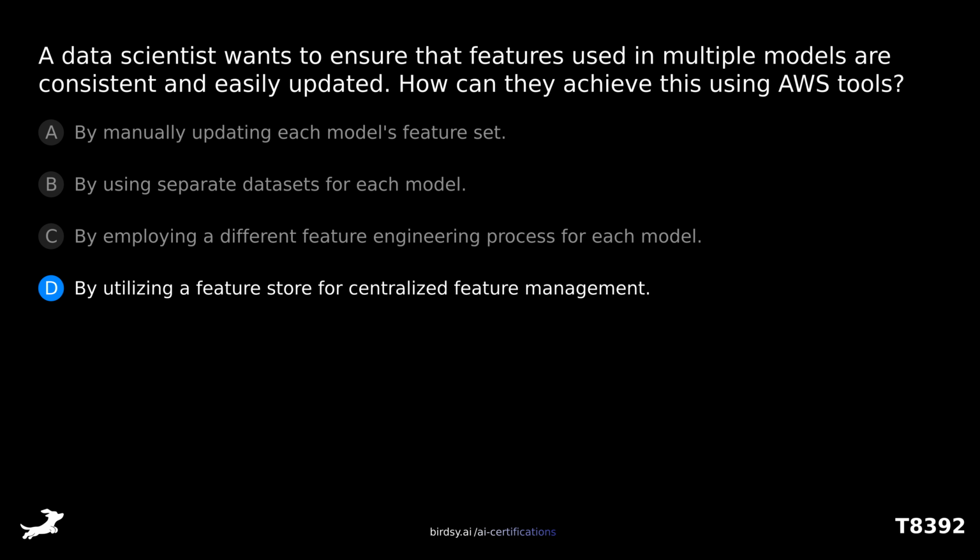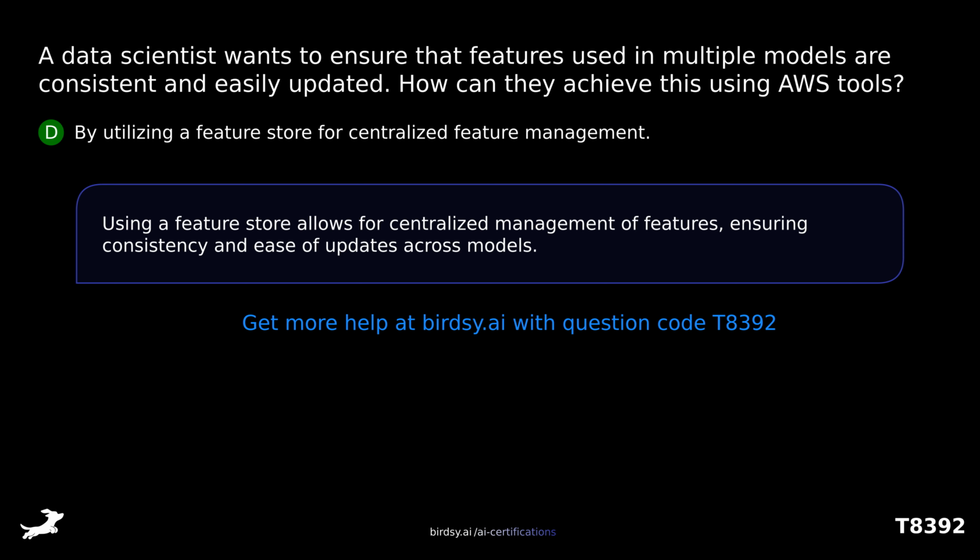Or D, by utilizing a feature store for centralized feature management? The answer is D, by utilizing a feature store for centralized feature management. Using a feature store allows for centralized management of features, ensuring consistency and ease of updates across models.